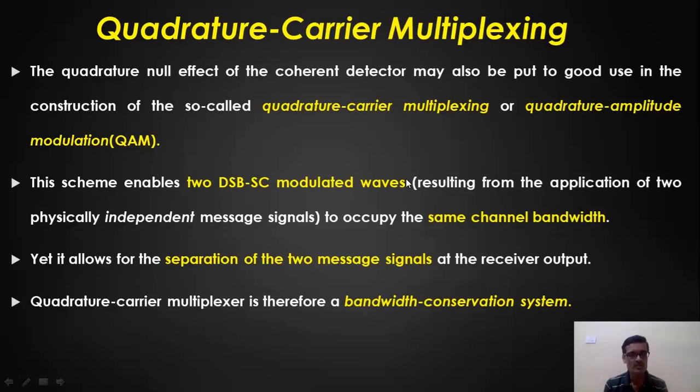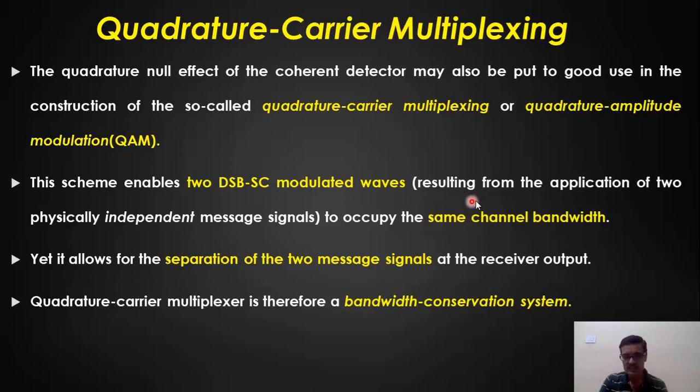And the advantage of this quadrature carrier multiplexing is, as I told, multiplexing means transmission of multiple signals through a common channel. Now in this case we are transmitting two message signals by DSB SC signal waves, and both signals actually occupy the same channel bandwidth. This is the advantage of quadrature carrier multiplexing.